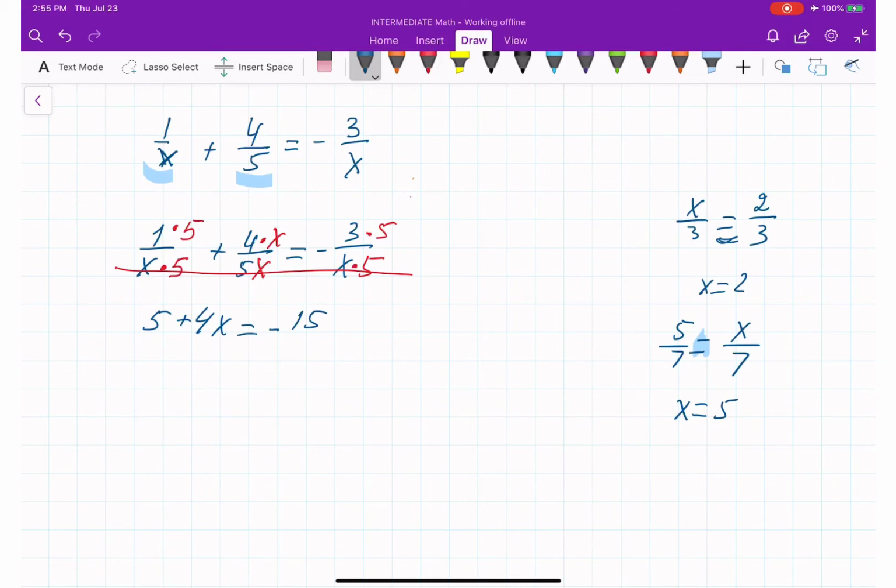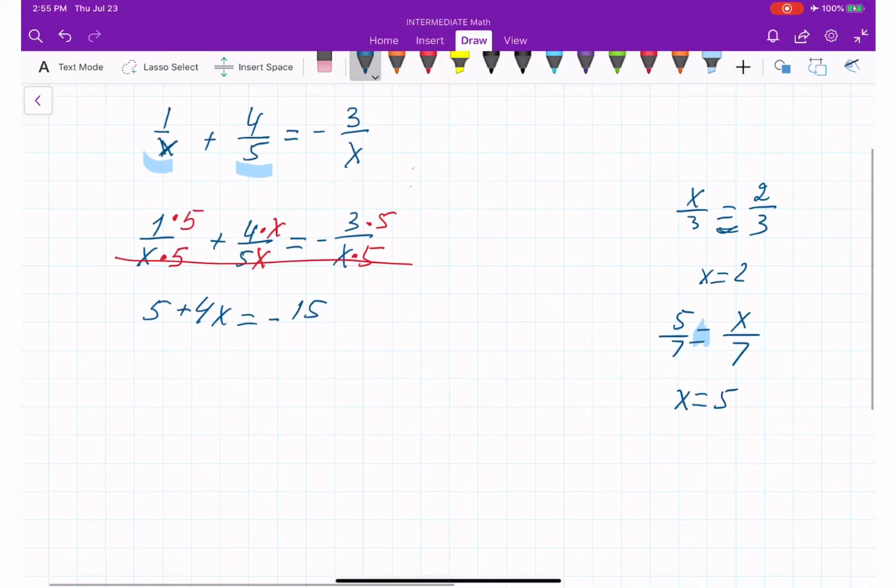So we get 5 over 7 equal 5 over 7. But it's a completely different story if I write down x over 7 is equal to 3 over 5. The denominators are not the same. At this point, I cannot insist that x is equal to 3.